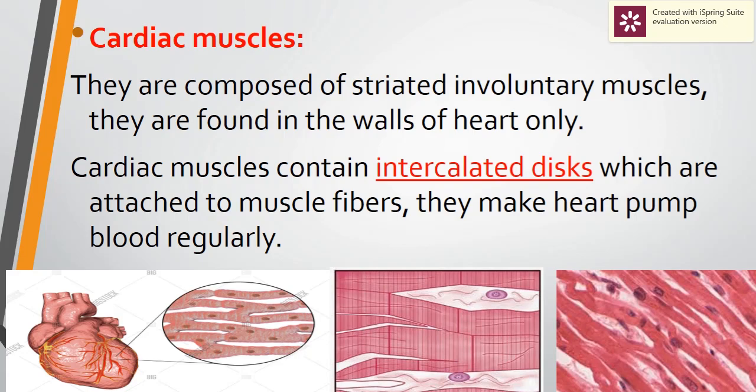The heart's contractions and relaxations are rhythmic, mainly due to the intercalated disc. So it differs from other muscle tissues because of the presence of intercalated discs. It is involuntary and striated.